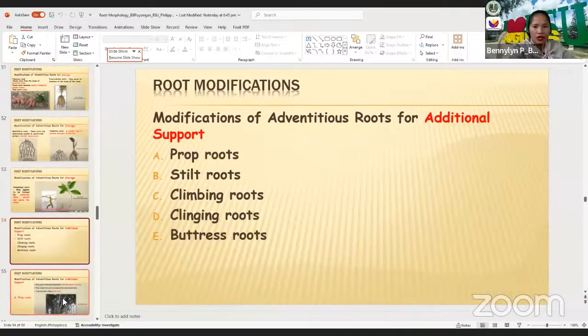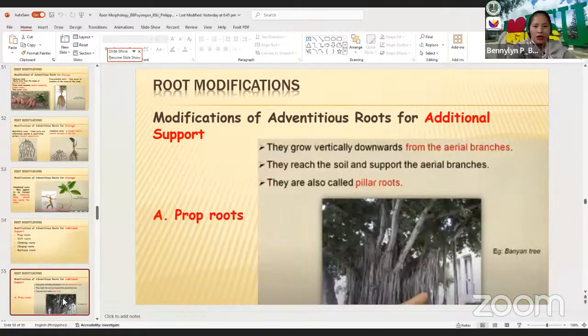Moving on, another modification of adventitious roots is for additional support. So this one, we have the prop roots, stilt roots, the climbing roots, the clinging roots, and the buttress roots. Each one, we will take a look at the example as we proceed. For the additional support like the prop roots, we have mentioned a while ago the banyan tree.